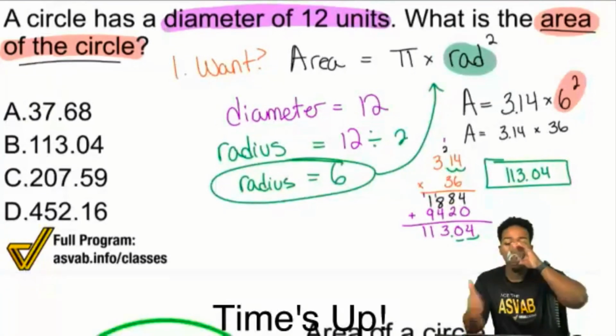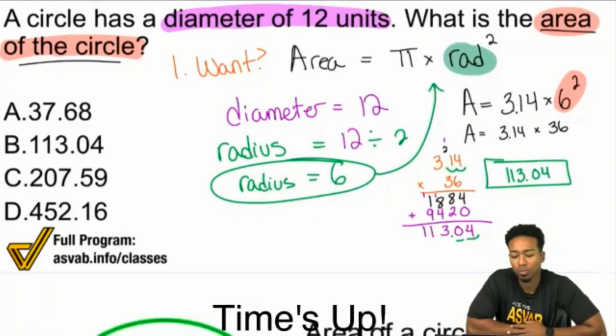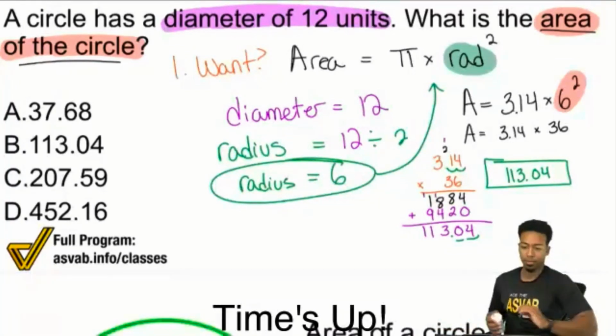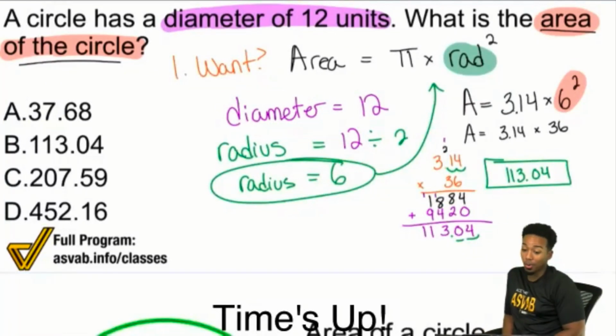Hey, I went the long way. I did area pi times radius 2. Area equals 3.14 times 2. Area equals 3 times 144. So that was my mistake. That's not the long way. That's the wrong way.